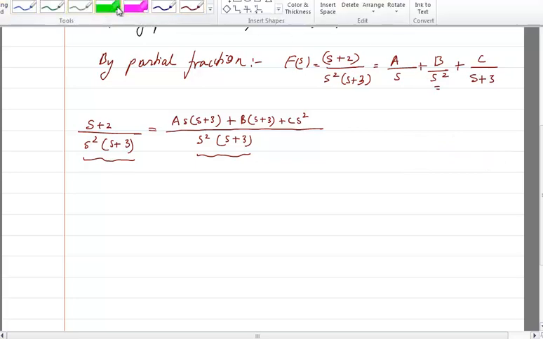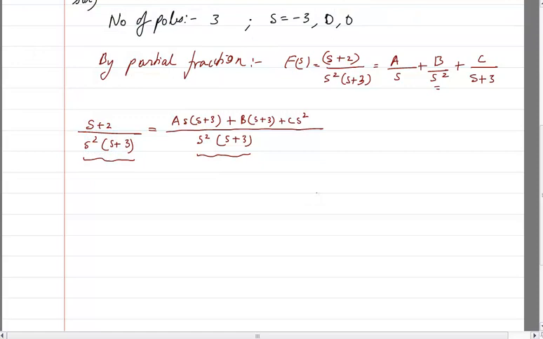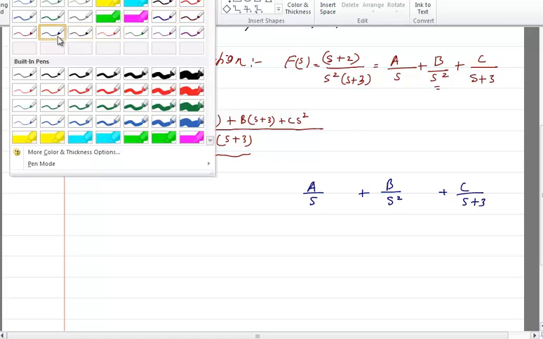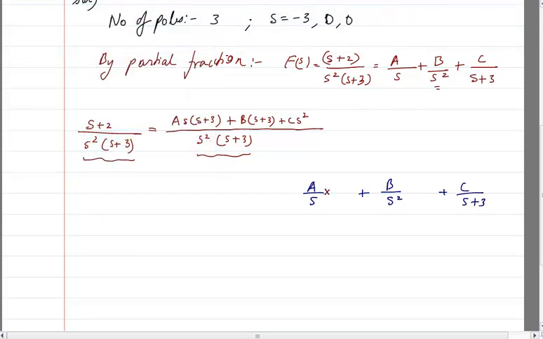So if I have A by s plus B by s squared plus C by s plus 3, for making the denominator common I will multiply the first one in the denominator with s into s plus 3, and the numerator also with s into s plus 3.